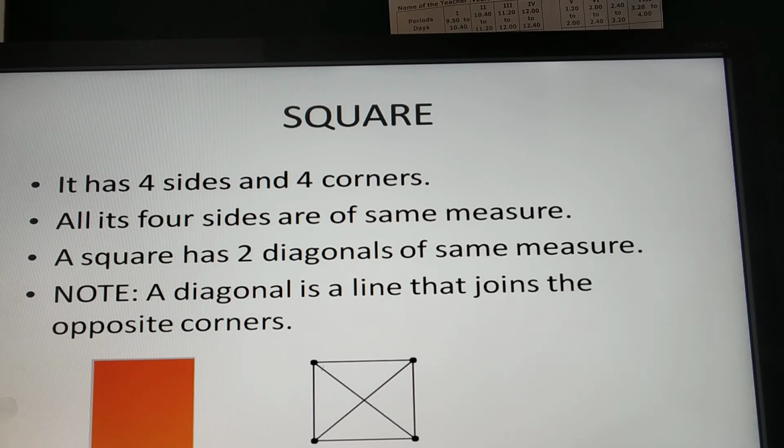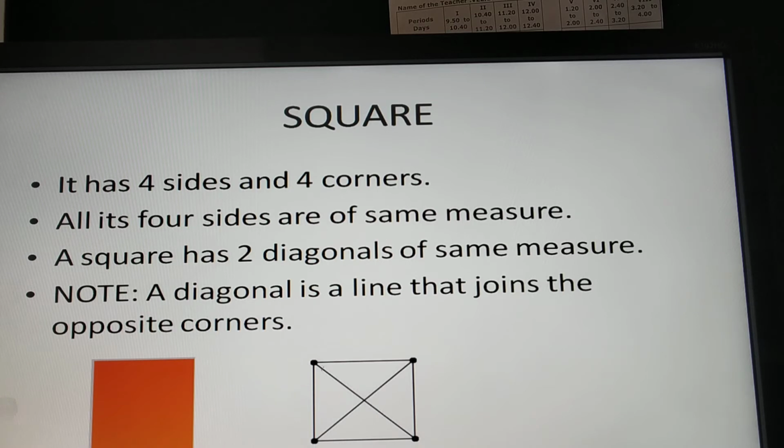The first property of the square: it has 4 sides and 4 corners. You learnt this in your previous class, that a square has 4 sides and 4 corners. The second property: all its 4 sides are of the same measure, that is, all the sides are of the same length.